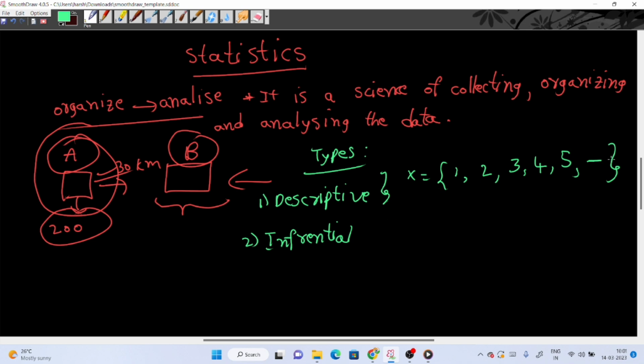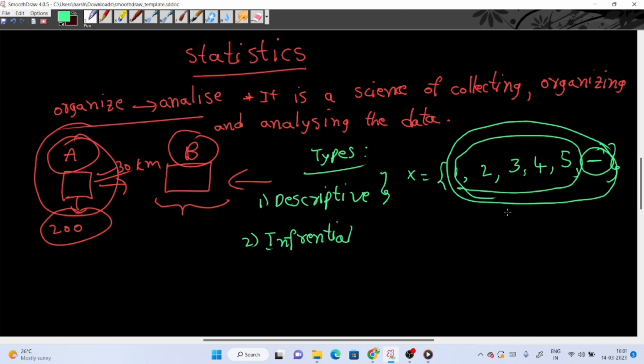If the data is like this, we can easily fill out the missing value using something like the mean of all the 5 available data points, or we can use the mode or anything.